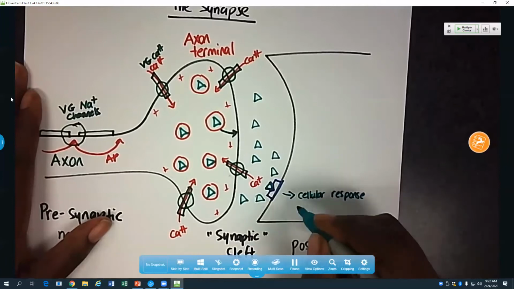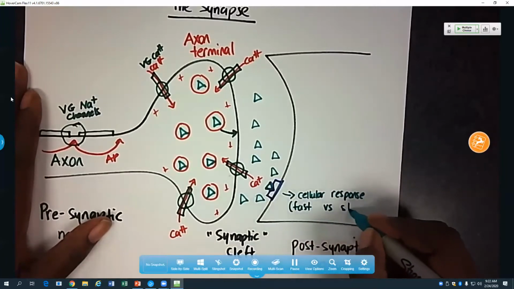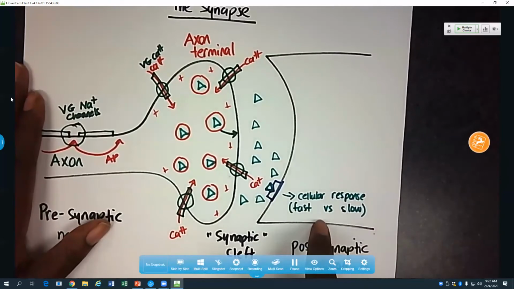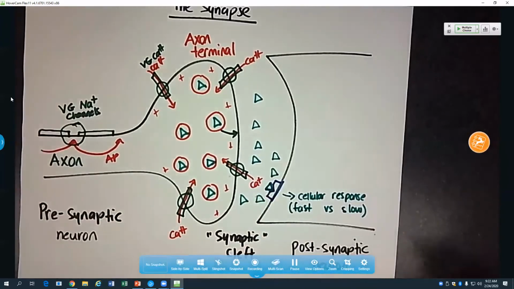And we'll go on today to speak about fast versus slow responses here. Okay, so we won't get into too much detail right now, but later on we're going to differentiate between a fast response here and a slow response here that is brought about by the binding of this neurotransmitter to that receptor. Right? We can have different types of receptors.